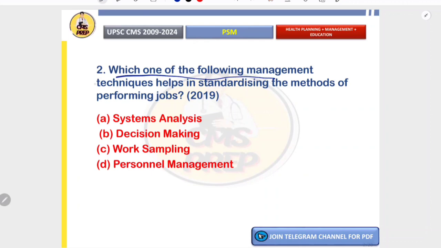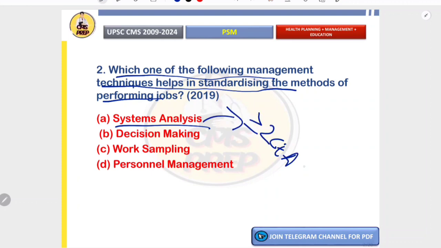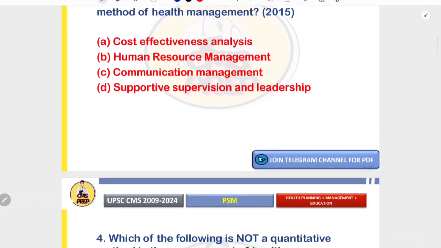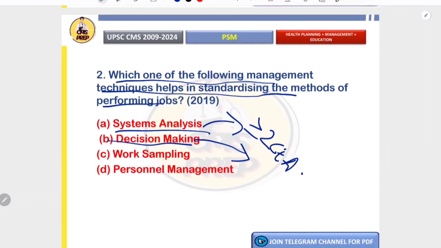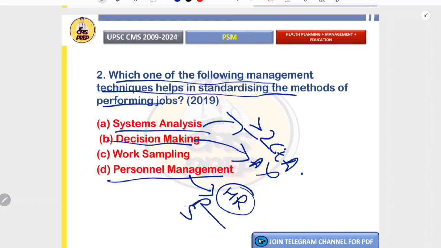Which one of the following management techniques help in standardizing the method of performing jobs? Systems analysis is basically comparison of more than two cost effective alternatives in a health program. It is not related to standardization. Decision making is choosing among the alternatives and it does not standardize the work. Personnel management is a type of qualitative management. It deals with human resource, recruitment, salaries, not associated with task standardization.